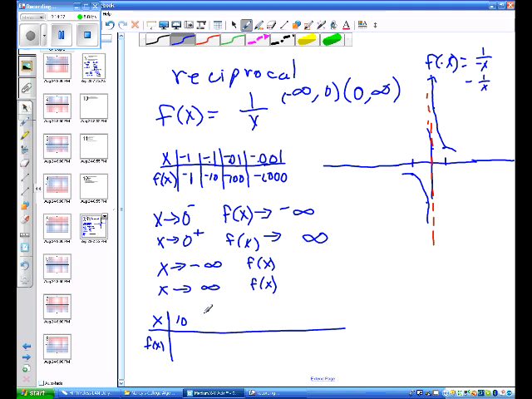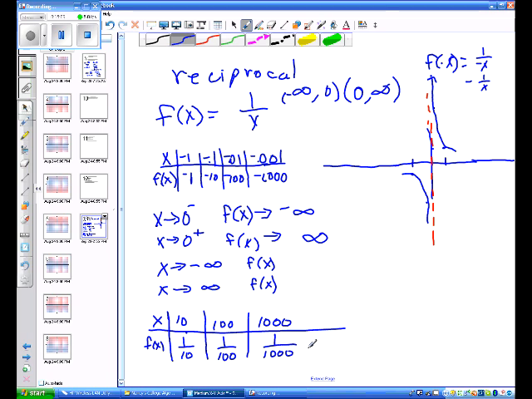So let's try 10, 100, 1,000. So as x is getting bigger and bigger, well, what your y is 1/10, 1/100th, and 1/1,000. So as my x gets bigger and bigger, my y is getting smaller.